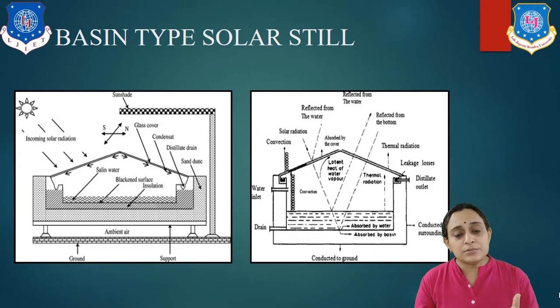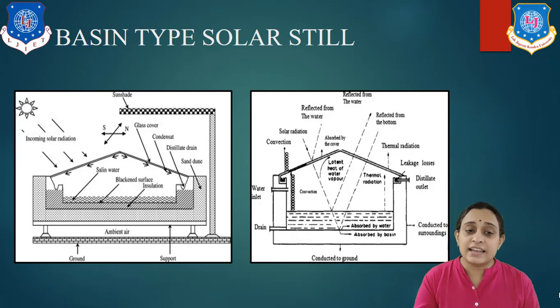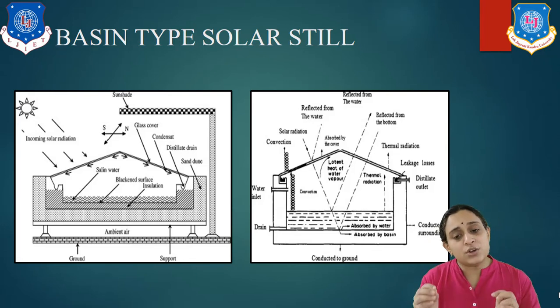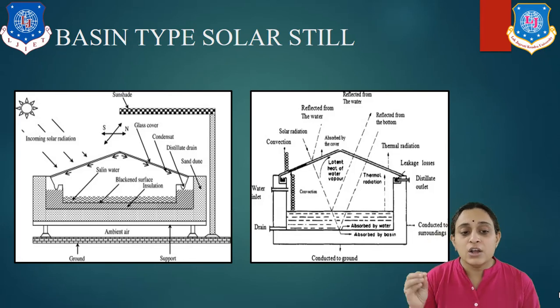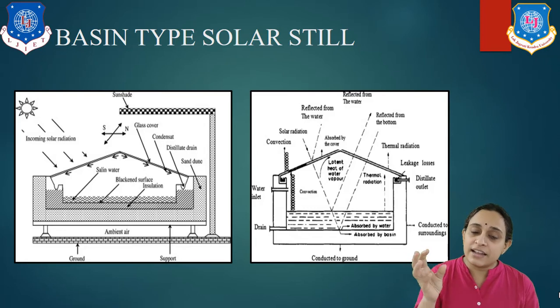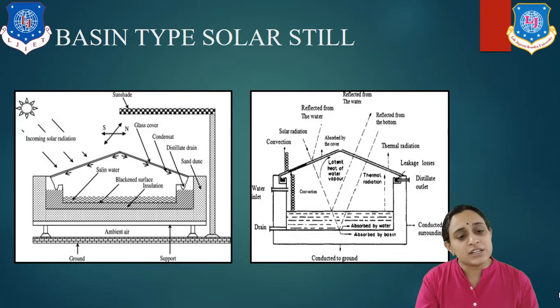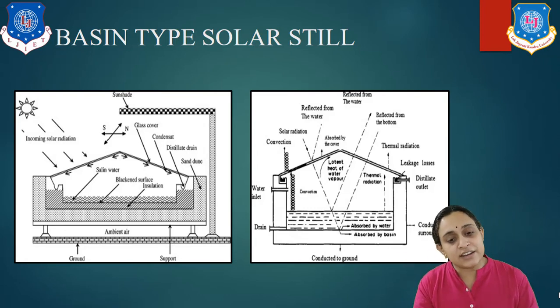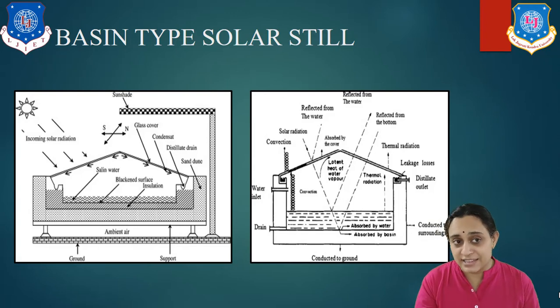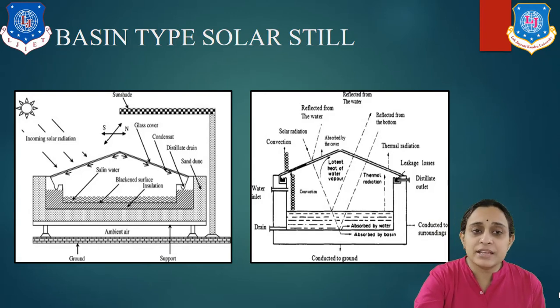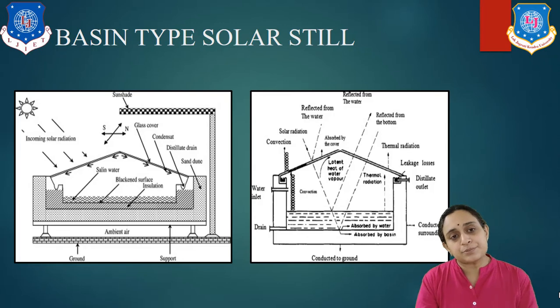Now the heated water evaporates and then condenses in the form of droplets on the cold surface of the glass cover. Okay, and these droplets of pure water travel on the glass surface and are collected in the channel, from which it is finally collected in bottles or cans. So this is the simple basin type solar still.